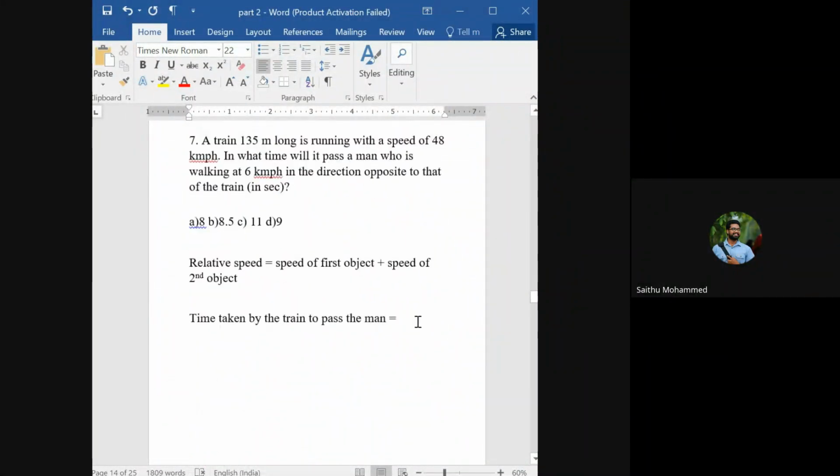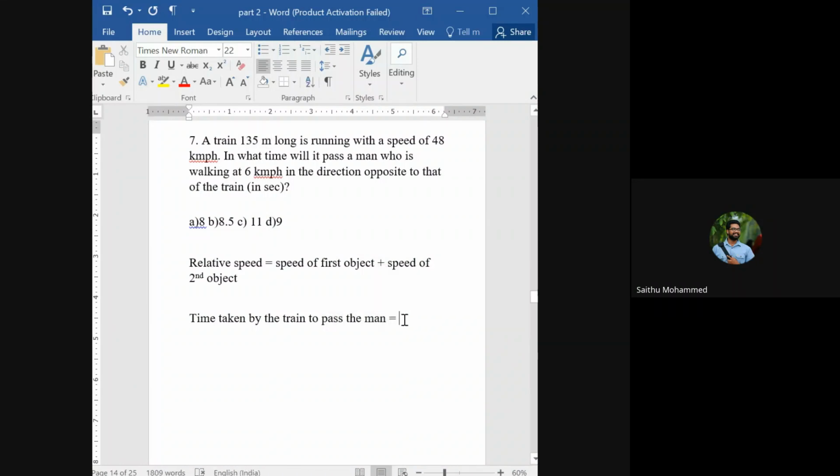But what is the distance here? The distance is nothing but 135 meters. Why? Because we have to find only the time taken by the train to pass the man. From the train's engine, the very starting point of the train, to the end of the train is our distance.